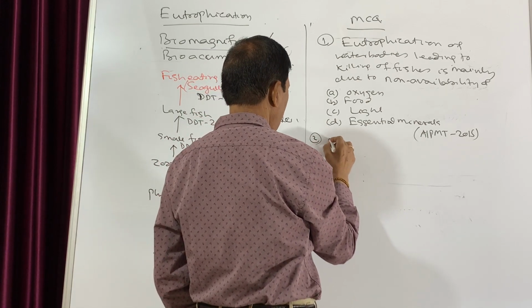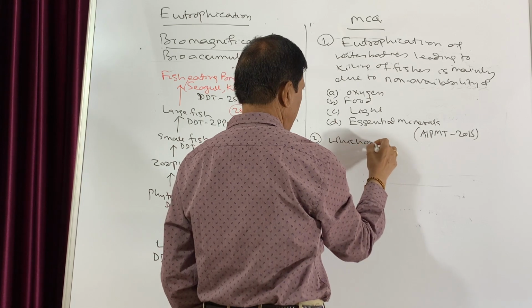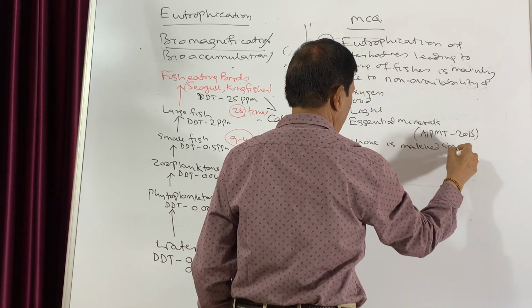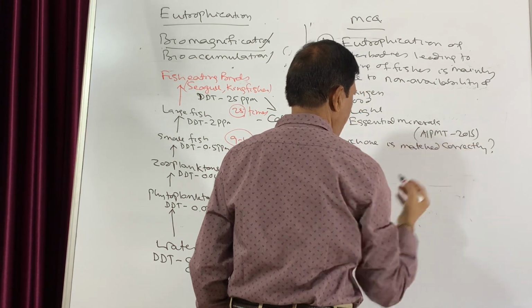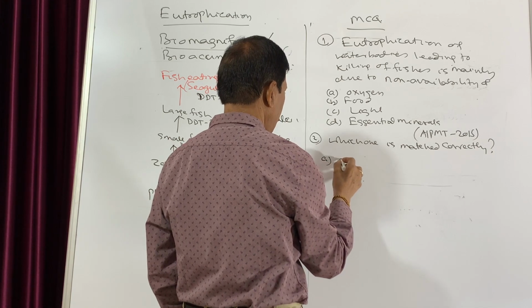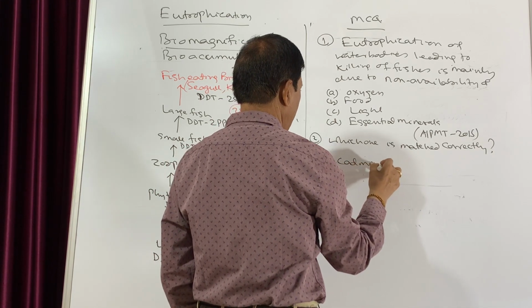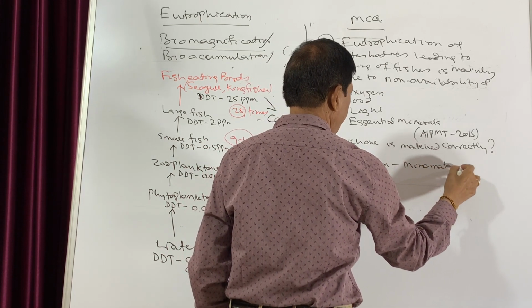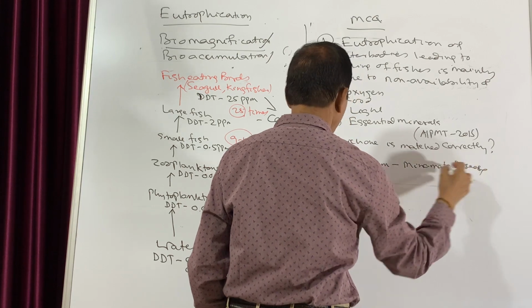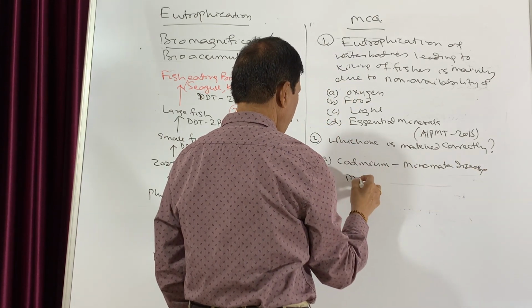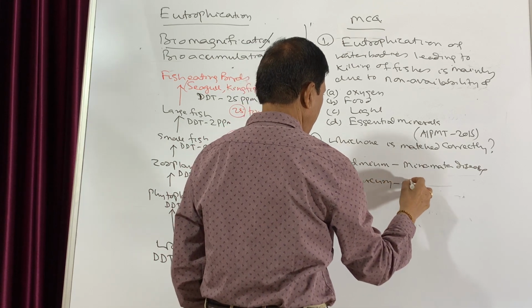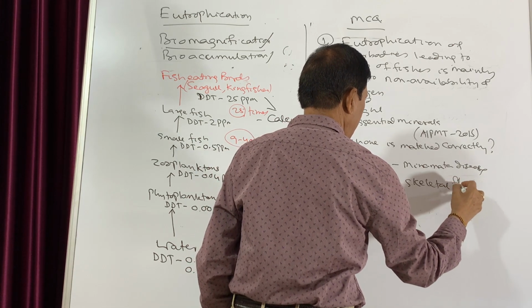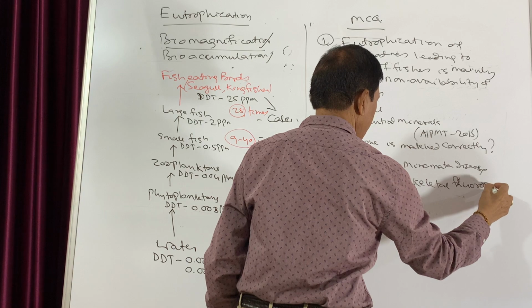Now a second question. Which one is matched correctly? First choice, cadmium, Minamata disease. The second one is mercury, skeletal fluorosis.